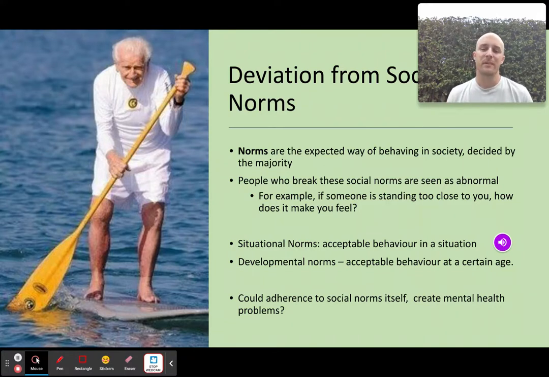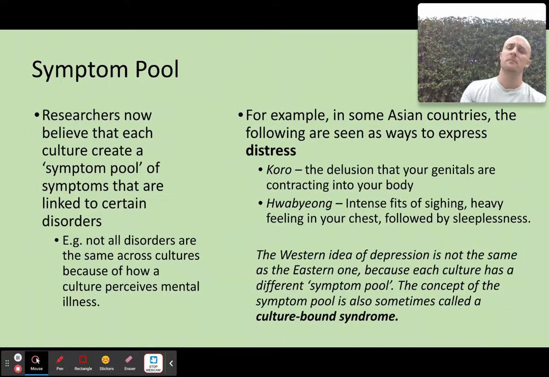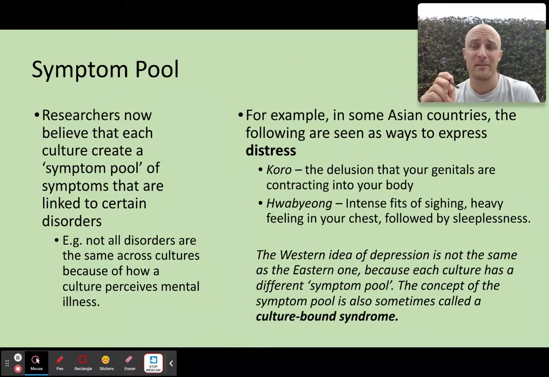So the good thing about this is that it does actually take into account both situational and developmental norms. And there is something I do want to go into a little bit here called the symptom pool. Now, you don't actually need to know this, but if you can bring this up, your examiner is going to know more about the examiner in this case. So the symptom pool is basically what each culture decides is a symptom for a certain disorder.